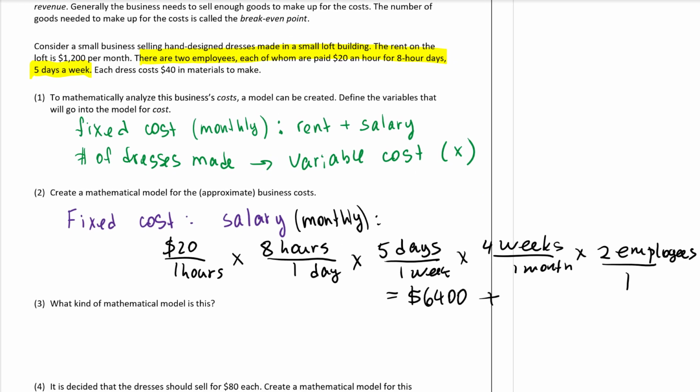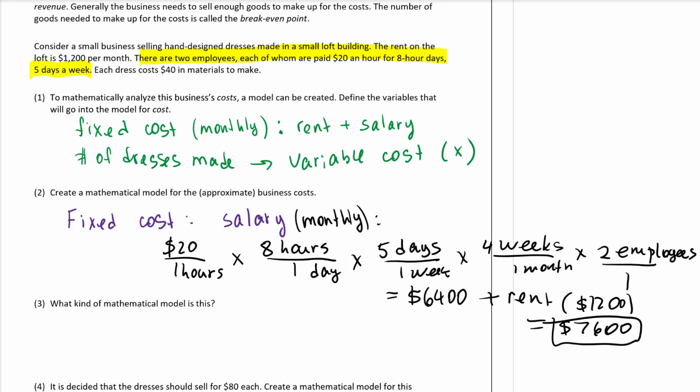Now we need to add the rent, which is $1,200. That will give us a total of $7,600 as our overhead. This is the amount of money you have to pay in order to have people working for you. The next thing is the variable cost.